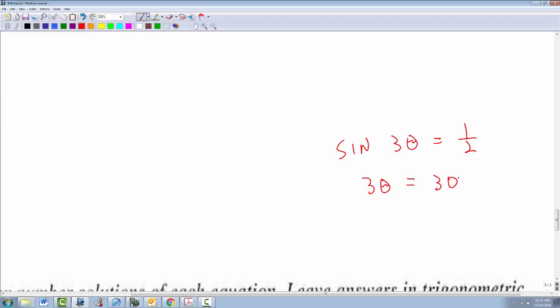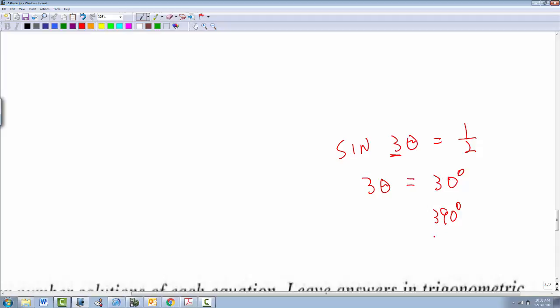But wait. What else did I have to do? It wasn't just that 3 theta equaled 30 and I had to solve for that. What did I have to do because there were more answers between 0 and 360 that worked? Add what? 360. And then do what? Add another 360 because the 30 degrees should actually have 3 answers come from it, right? Remember that?